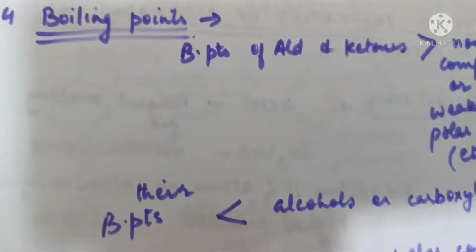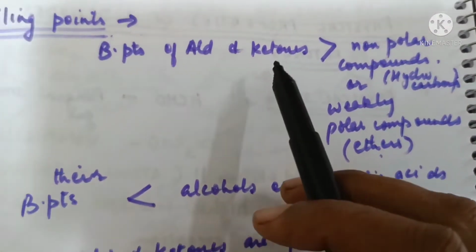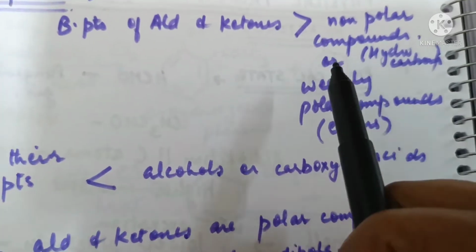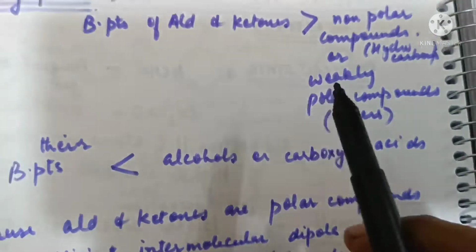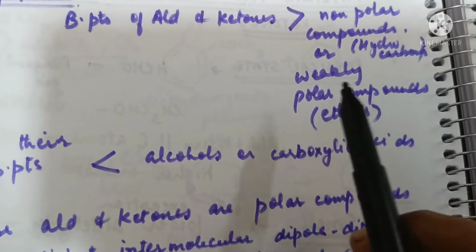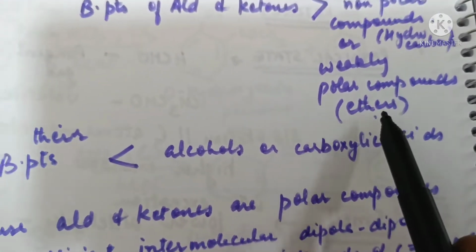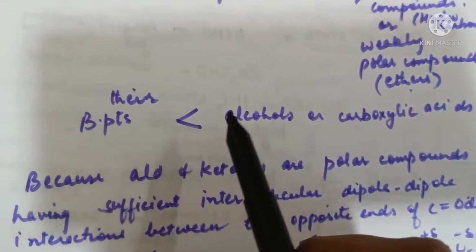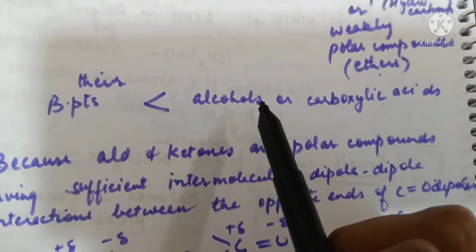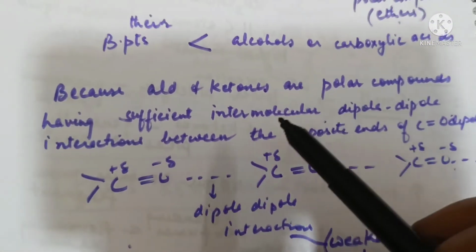Boiling points. Boiling points of aldehydes and ketones are greater than the non-polar compounds like hydrocarbons, or weakly polar compounds like ethers, but they are less than more polar alcohols and carboxylic acids.